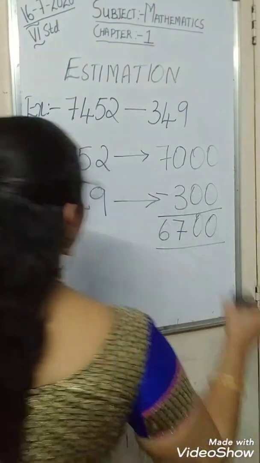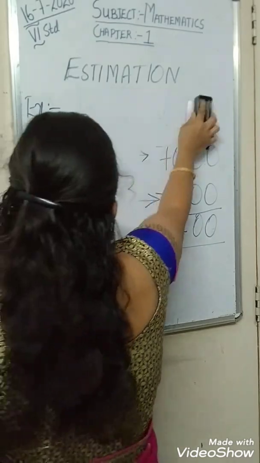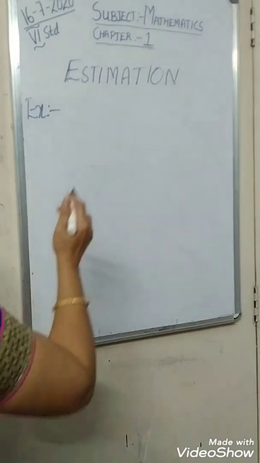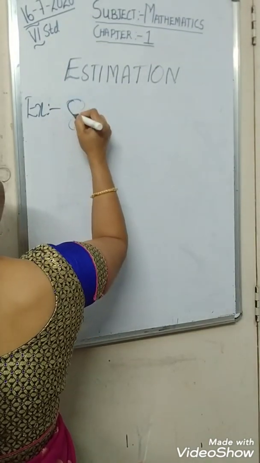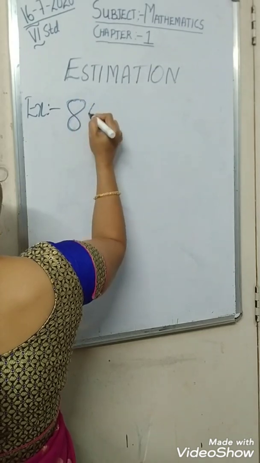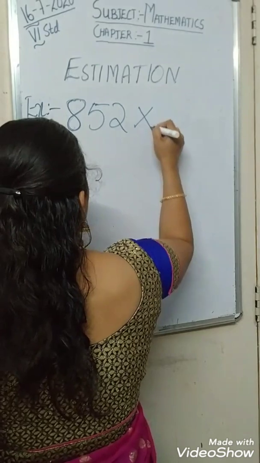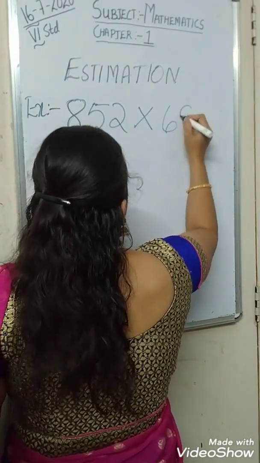Now let us move to the next example of multiplication. Look at the number here. 852 is to be multiplied to 69.